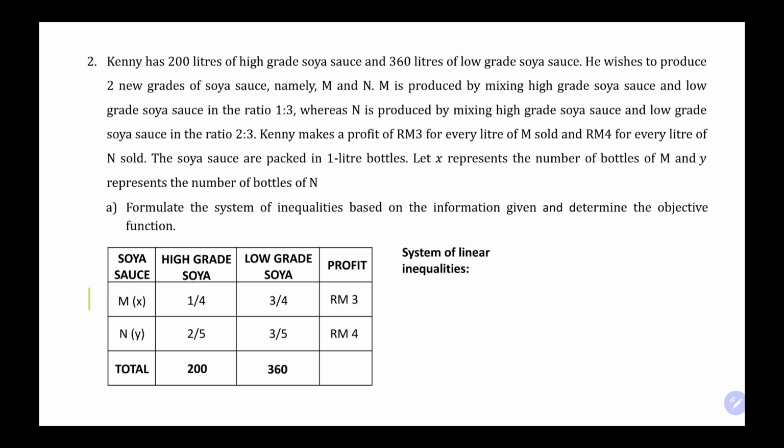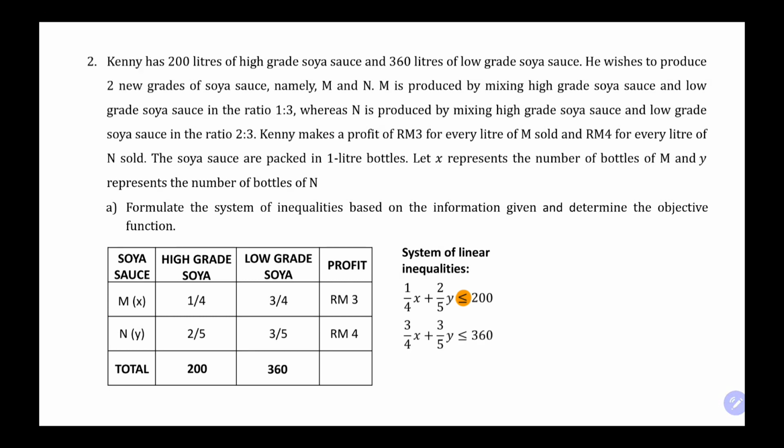We read from X, Y, M, N. So we have 1 over 4 X plus 2 over 5 Y, and we have total 200. We put less than or equal since Kenny has only that total.